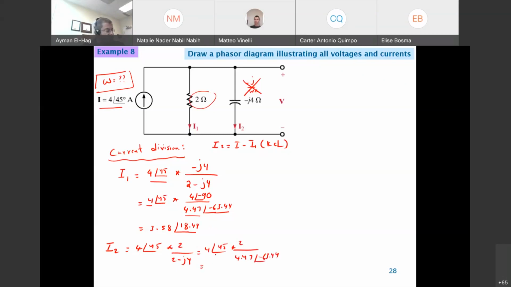And when we do this, you will find that this current I2 is equal to 1.79 with an angle of 108.44. So this is your I2.